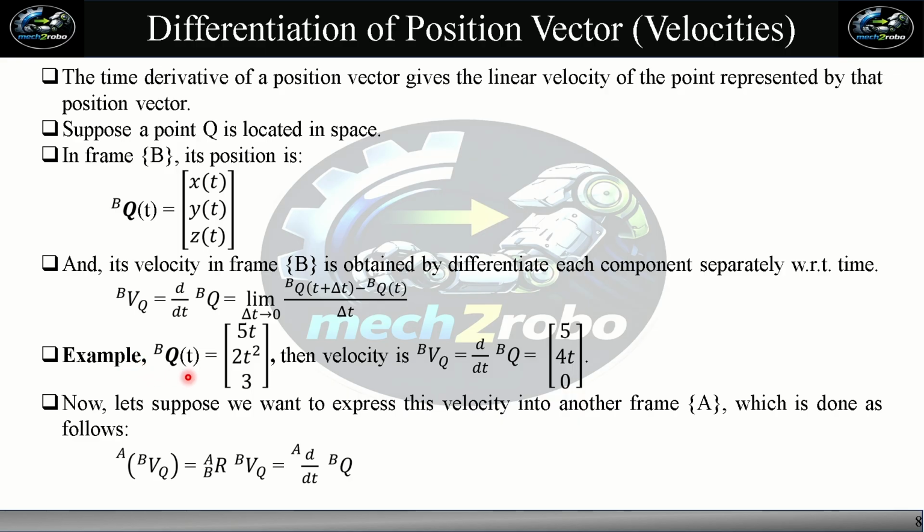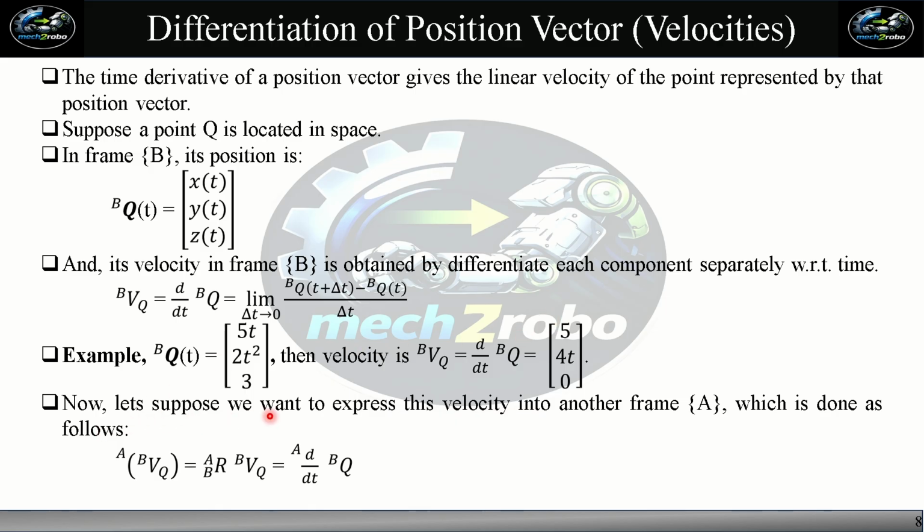Let's take an example: we have the vector q_B with components 5t, 2t square, 3, and then the velocity V_qB is the derivative of this vector q_B(t). We differentiate each component: the derivative of 5t is equal to 5, the derivative of 2t square is equal to 4t, and the derivative of 3 is equal to 0, and thus we easily get the velocity.